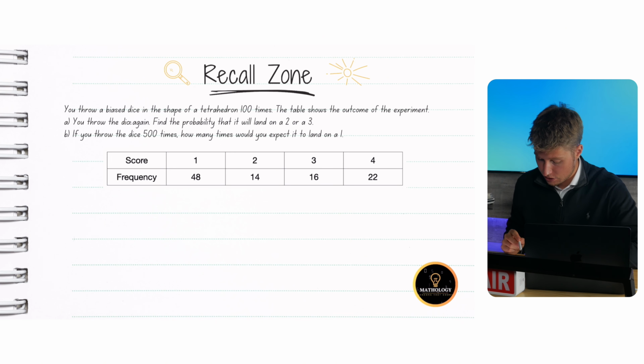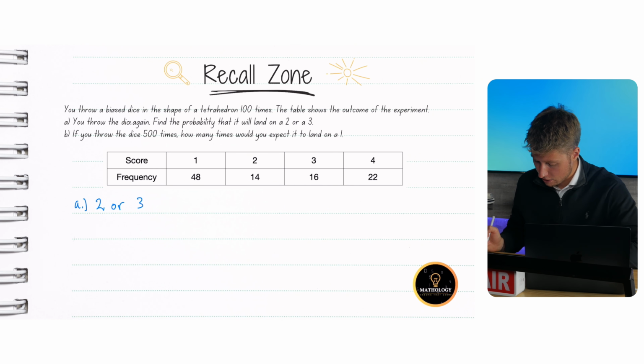So this question says you throw a biased dice in the shape of a tetrahedron 100 times. The table shows the outcome of the experiment. You throw the dice again, find the probability that it will land on a 2 or a 3. So part A looks at a 2 or a 3. So when we've got two separate probabilities and we're trying to find either or, we need to add the two individual probabilities together.